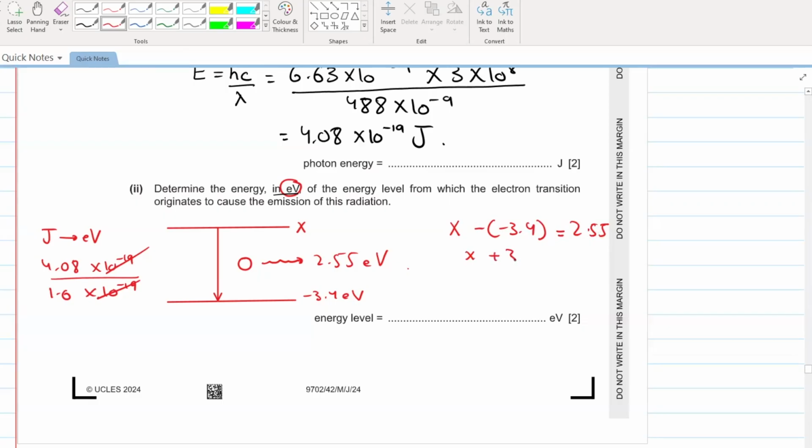X plus 3.4 is equal to 2.55. X is equal to 2.55 minus 3.4. Can anyone calculate this answer? X comes out to be negative 0.85 electron volts.